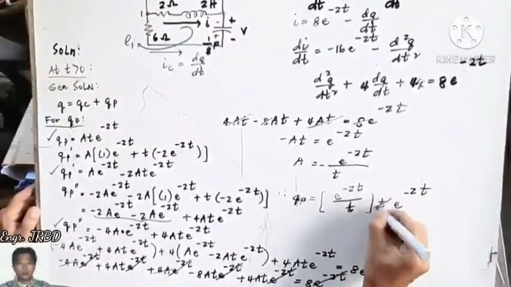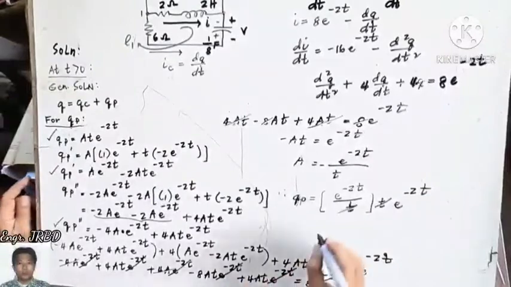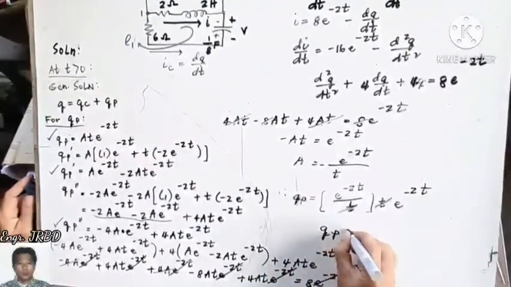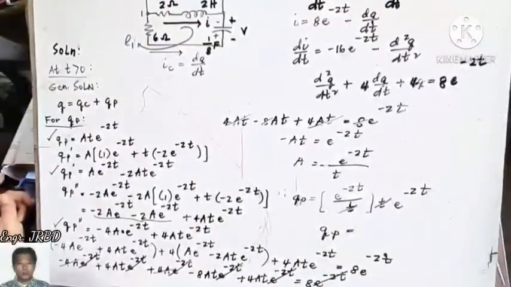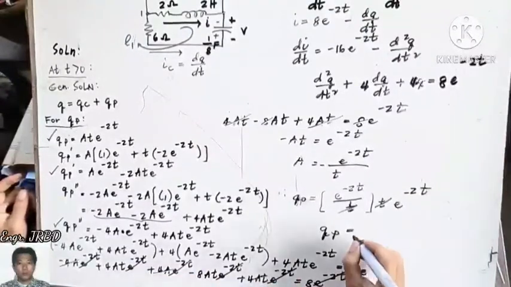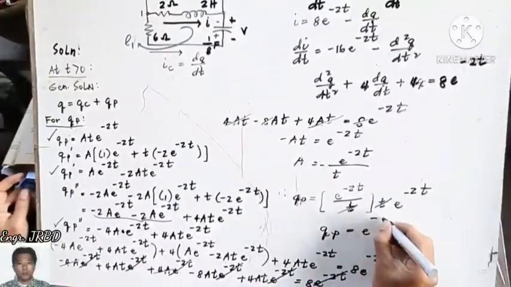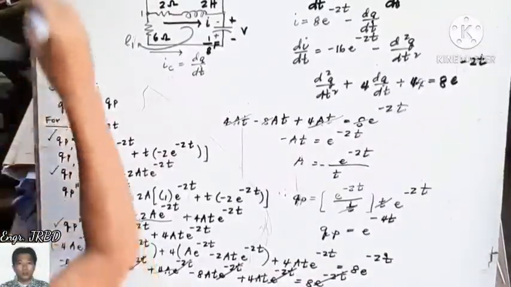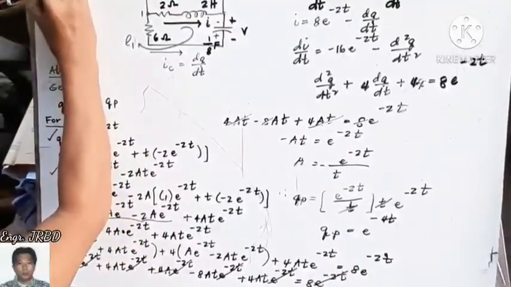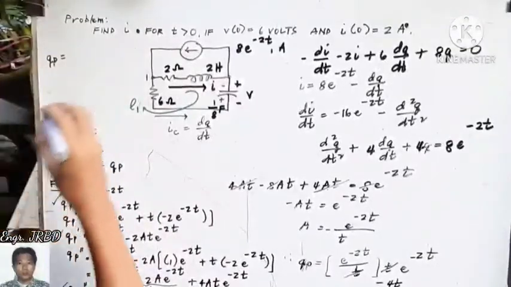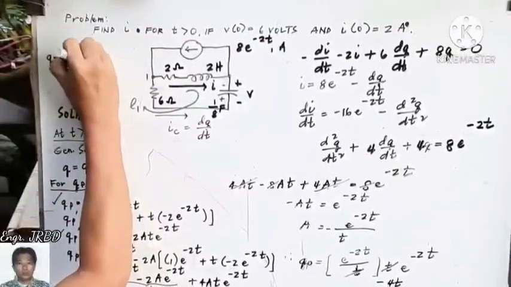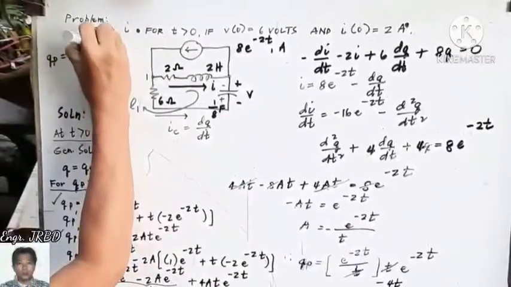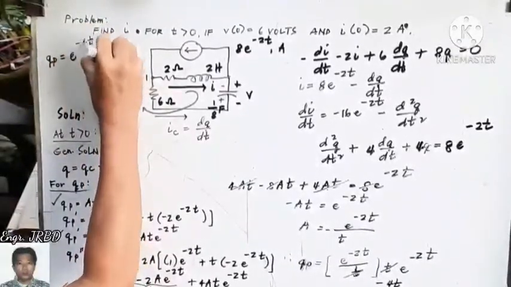Your t here will cancel. Okay, so Q sub P is equivalent to e raised to negative 4t. That is the expression for Q sub P.